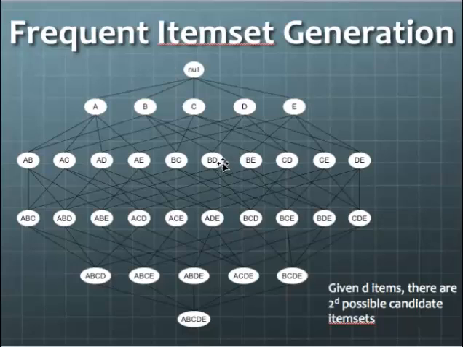This figure shows an item set lattice for an item set including 5 items: A, B, C, D, E. In general, a data set that contains k items can potentially generate up to 2^k frequent item sets. Because k can be very large in many practical applications, the search space of item sets that need to be explored is exponentially large.